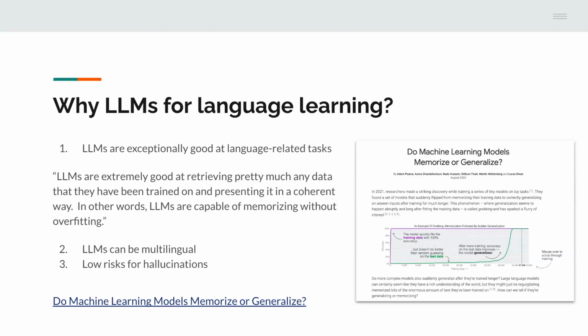Another reason is that lots of these large language models are multilingual. They are trained on many different languages, so they really excel at tasks such as translation. And there are some other tasks that I'm going to show you that I can see powerful applications for as well.